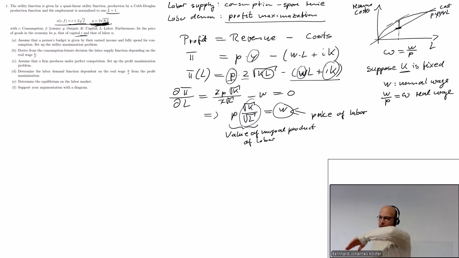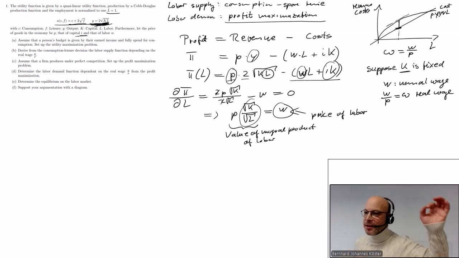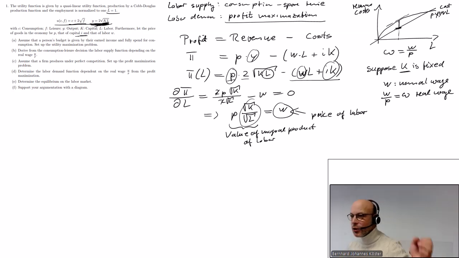This is this production function. So I hire people until the last additional worker just creates as much additional revenue as he costs.